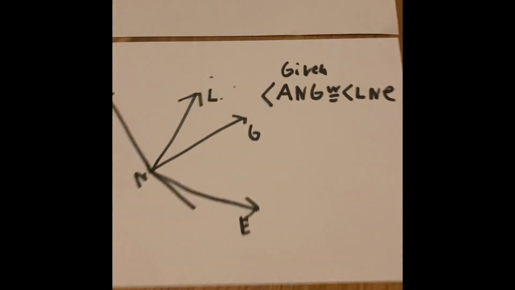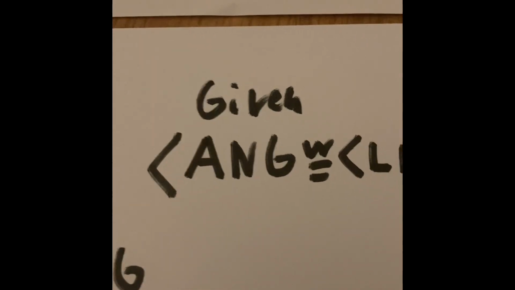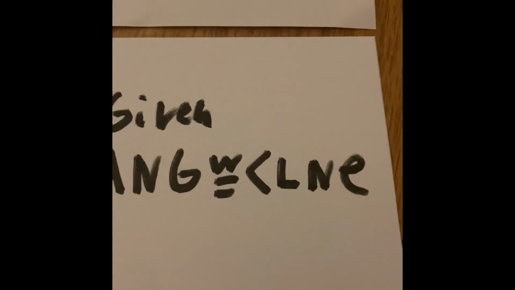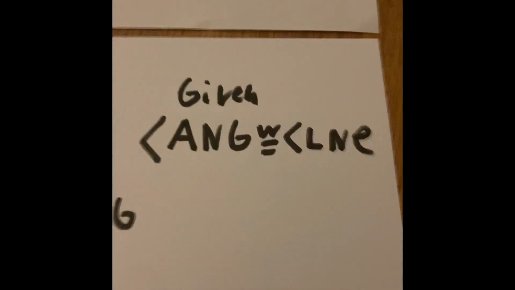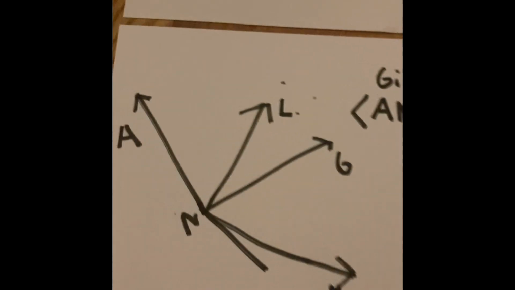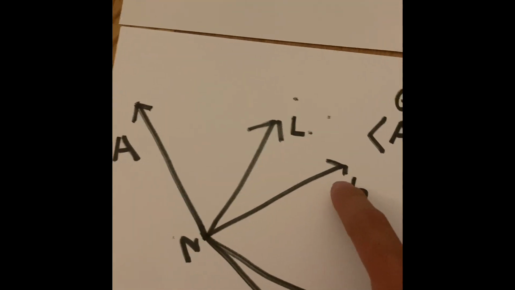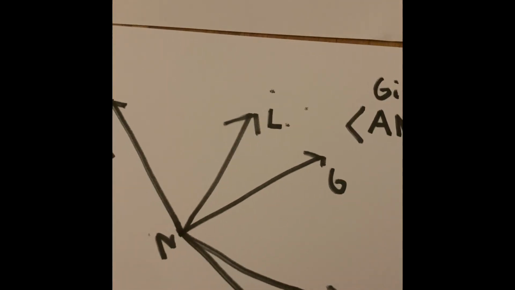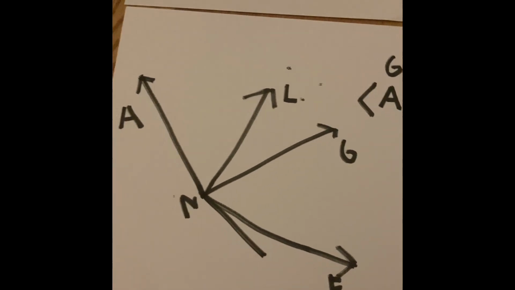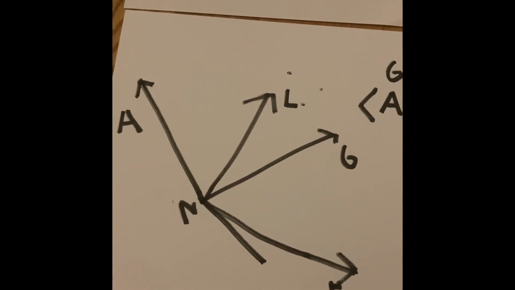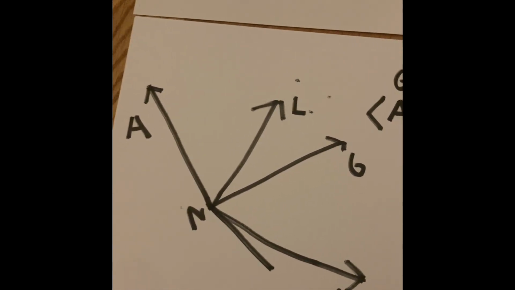Here's an example. If angle AG is congruent to LE, what can we conclude? So angle ANG and LNE are congruent. Instead of the addition property coming into play, we'll have to use the subtraction property.